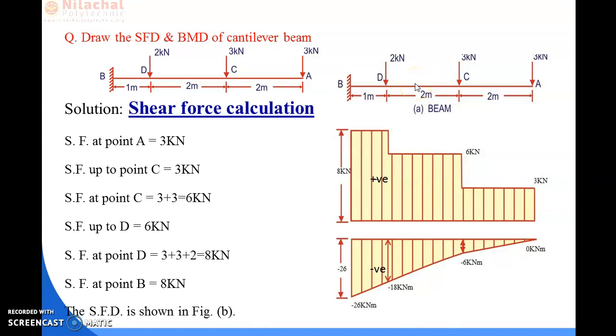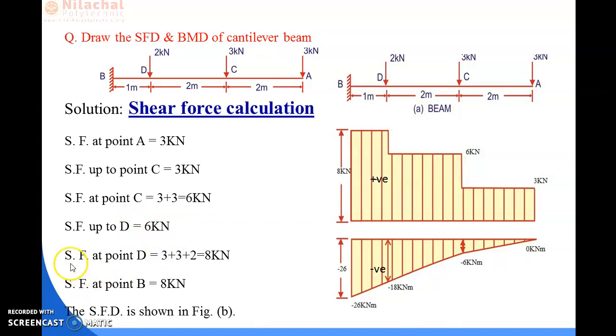So you can see here one load is there and two loads are there if we consider up to point D, not at point D, only up to point D. So we just add these two loads, which is 3 kilonewton plus 3 kilonewton. So the shear force up to point D should be 6 kilonewton.